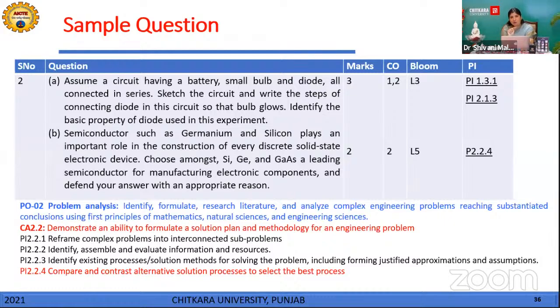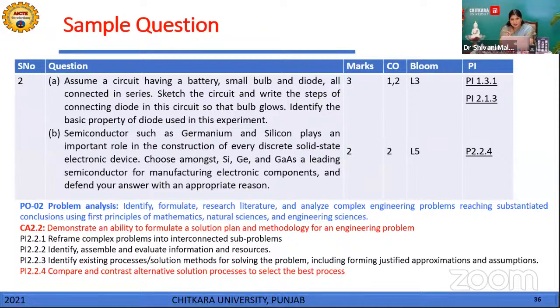Now, how to map this question to a particular program outcome? First of all, we'll check the indicators. We have these four indicators. One is reframe complex problems into interconnected subproblems; identify, assemble, and evaluate information resources; identify existing process solutions for solving the problem, including formal justified approximations and assumptions; and compare and contrast alternative solution processes to select the best process.